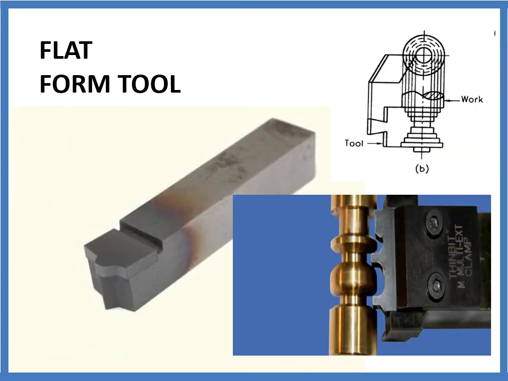This slide shows a straight form tool, and it is also called a flat form tool, generally having a square or rectangular cross section and with the form being at the end of the tool, which apparently looks like a turning tool. These are usually set centrally so that they cut the profile which is identical to the desired contour of the workpiece.